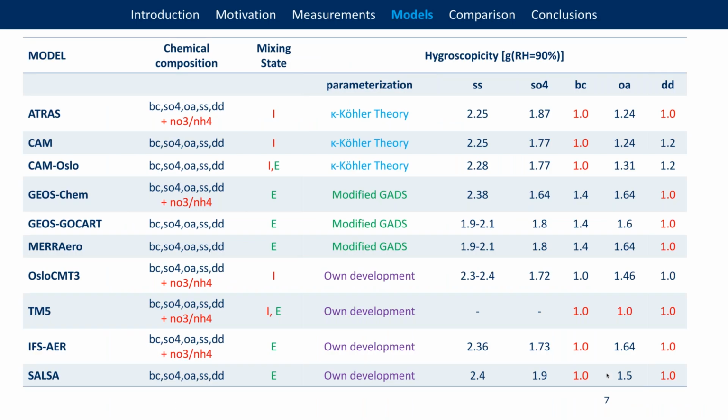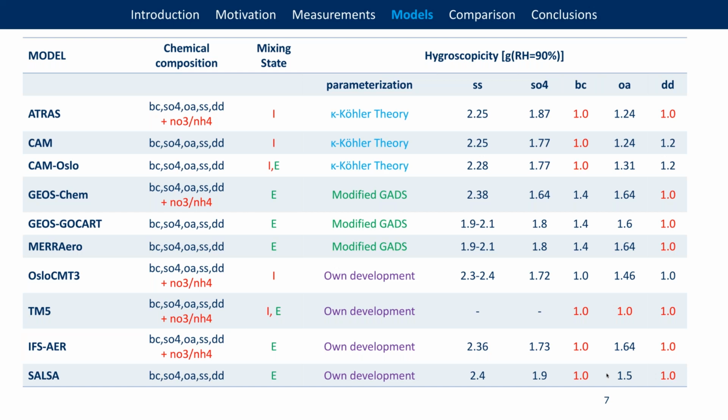So in this table, I wanted to summarize some of the main characteristics of our models. Here we have our 10 models. We've got the chemical composition, and as I said, all of the models have the 5 basic components, and 5 of them also have nitrates and ammonium. About the mixing state, we've got internal and external, depending on the model. The next thing is the hygroscopicity. We've got the parameterization and the hygroscopicity factor, the value, for different chemical components.